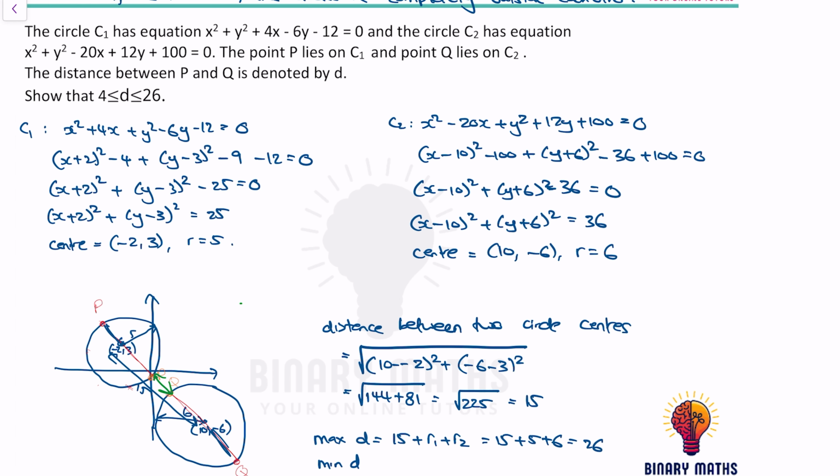It's the same thing as the distance between the two centers, take away the two radii. So it's 15 take away R1, take away R2. So 15 take away 5, take away 6, which is the value 4. So these two together imply that D must be between 4 and 26.